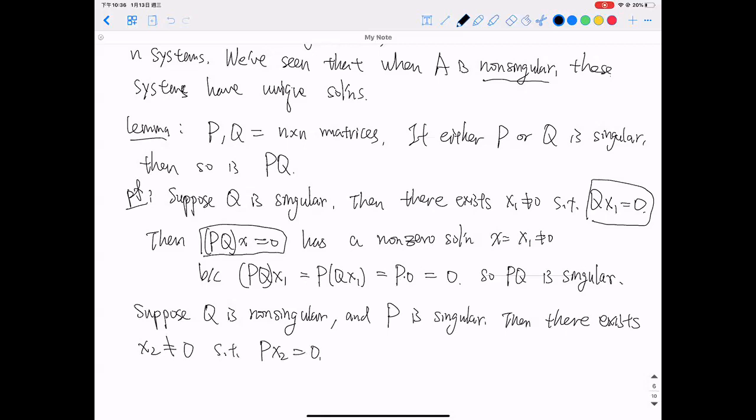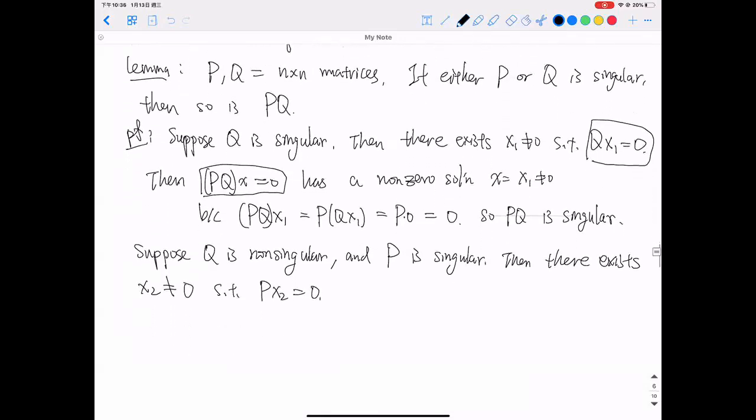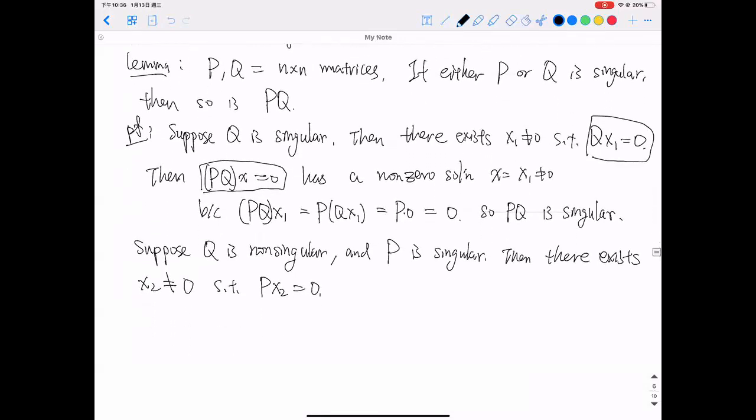Right? The system associated to P has a non-zero solution called x2. Now, Q is non-singular, so the system Qx equals x2 has a unique solution, say x equals x3.